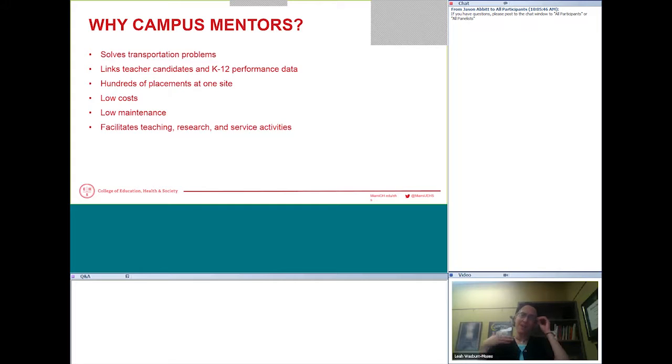Another really nice thing about this model is that it is teaching, research, and service. I just find that the outlet for creativity is really endless in terms of what your faculty are looking for, what your pre-service teachers are looking for. There's an opportunity for everybody to take the initiative and think of some really exciting things.